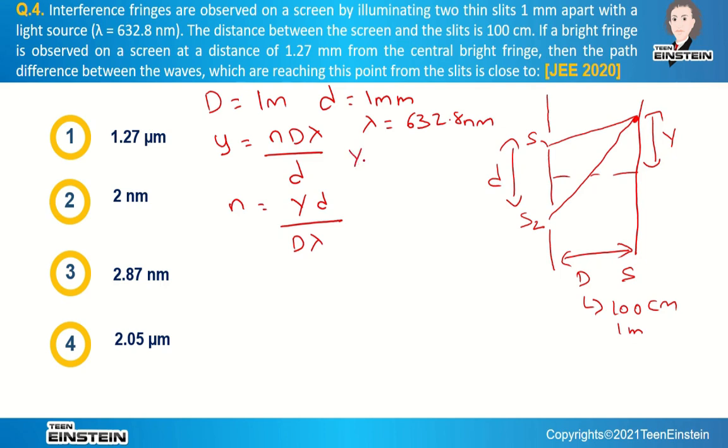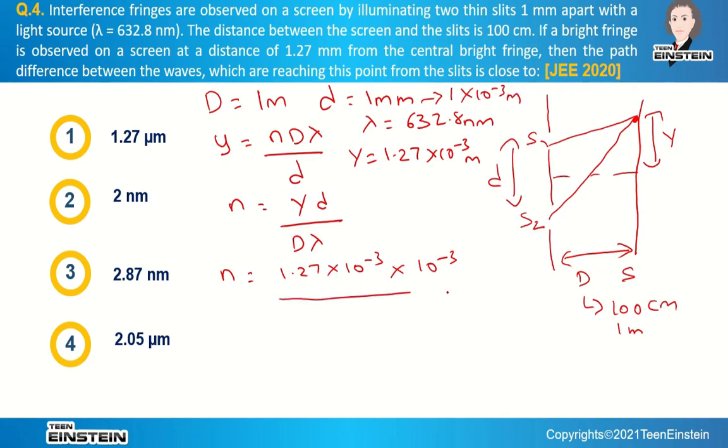Here the value of y is 1.27 mm, so it is 1.27 into 10 power minus 3 meters. So you're going to substitute it here: 1.27 into 10 power minus 3 into 10 power minus 3, because this is 1 mm, so 1 into 10 power minus 3 meters, divided by 1 into lambda, which is 632.8 into 10 power minus 9. So if you solve this, you'll be getting the value of n around 2.